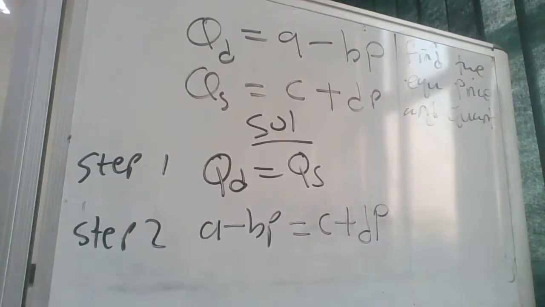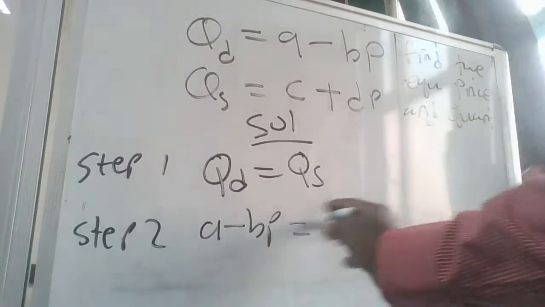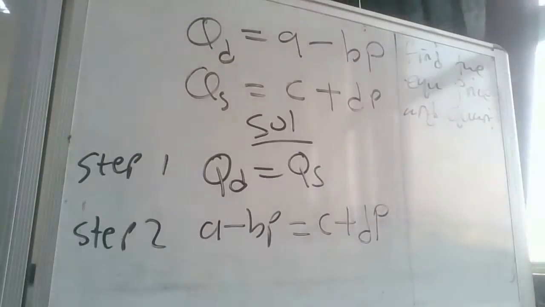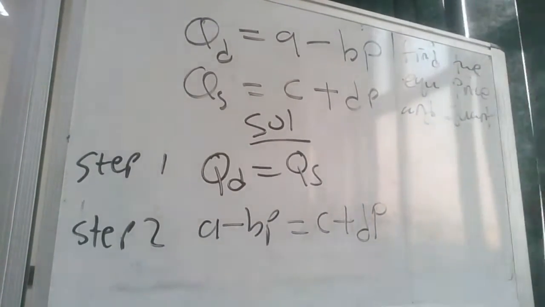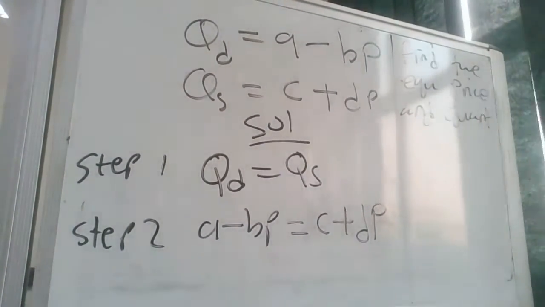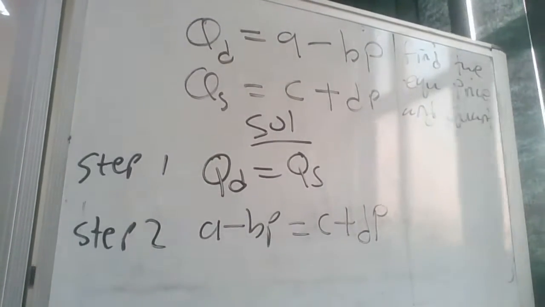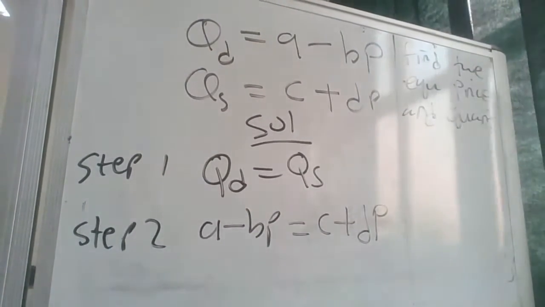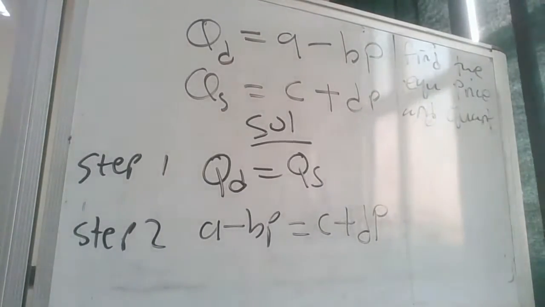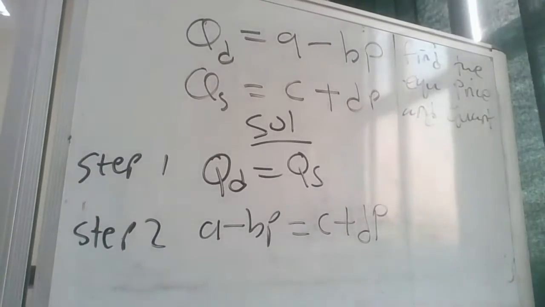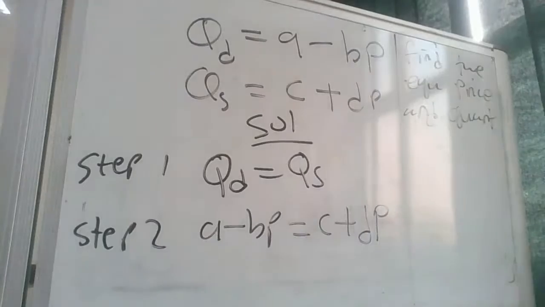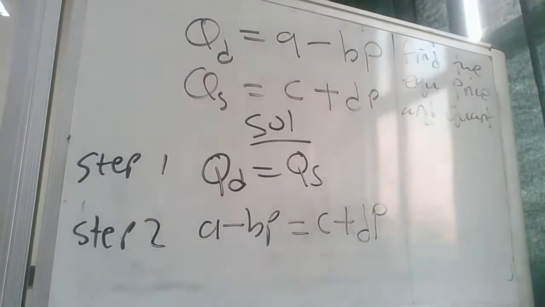Let me see what you get. If you were to solve for P, what are you going to get as the equilibrium price? If you finish that one up, what will be your equilibrium price? Anyone who solved?